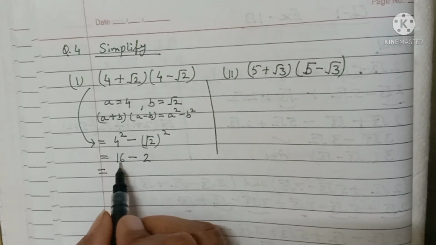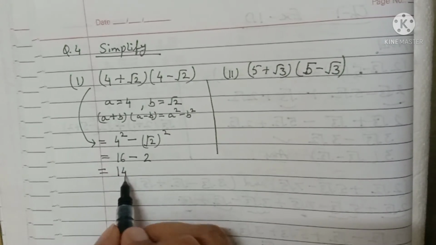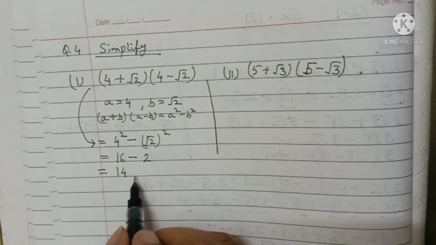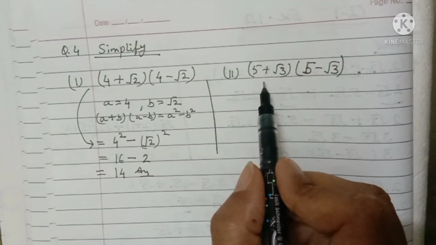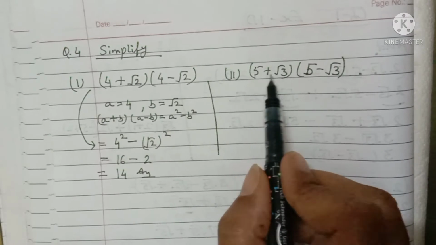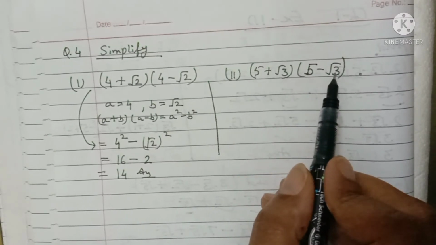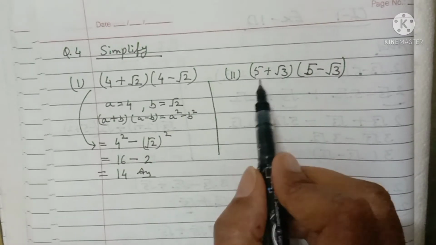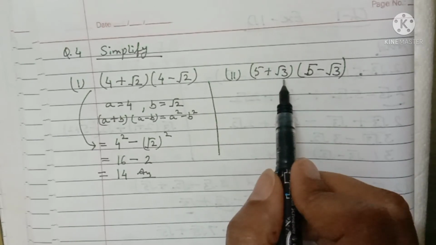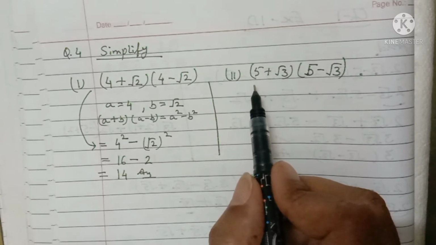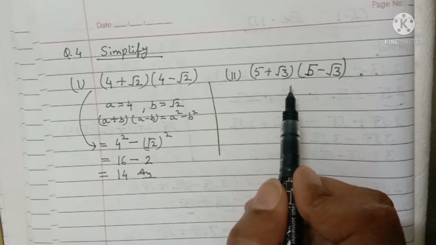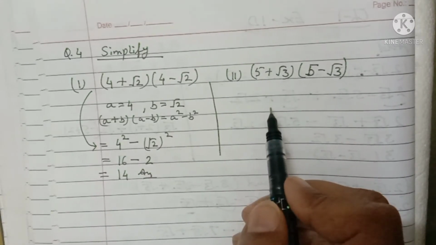So you will get 14 answer. Now second part, do yourself. 5 plus root 3, 5 minus root 3. So this becomes 5 square minus root 3 square means 3. So 25 minus 3 and write the answer.